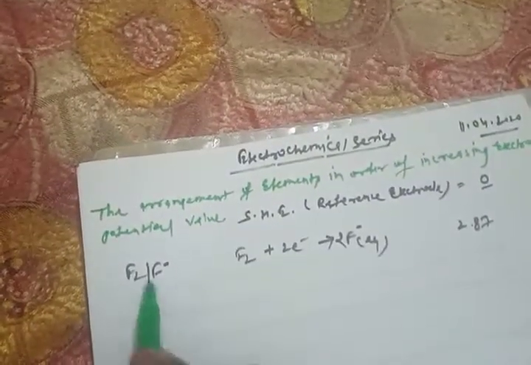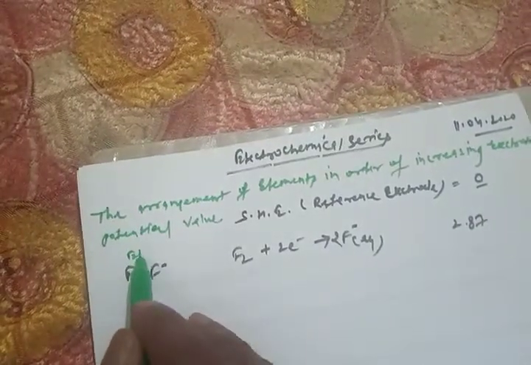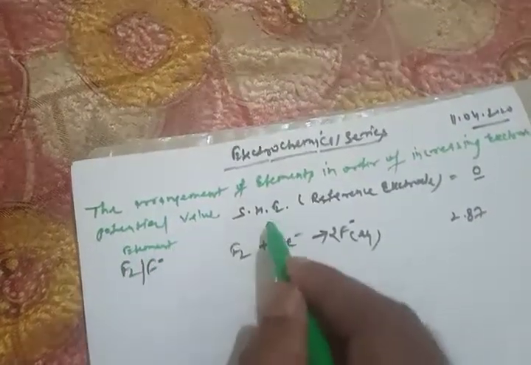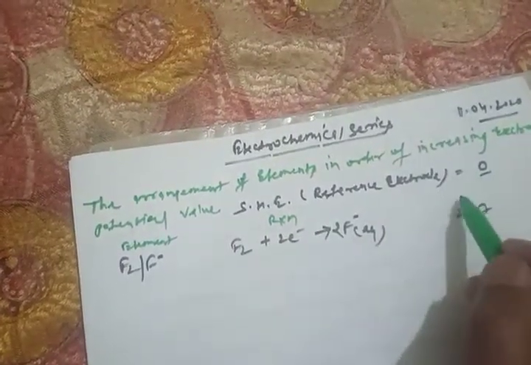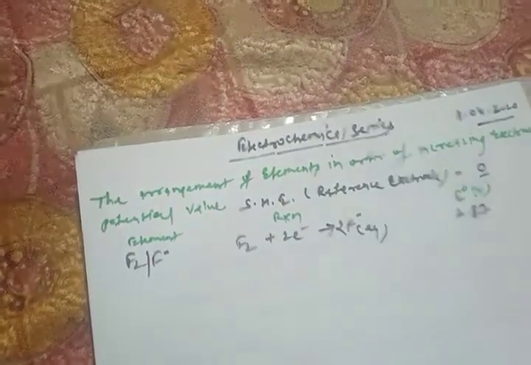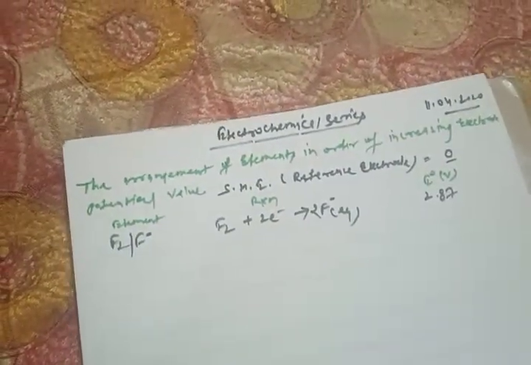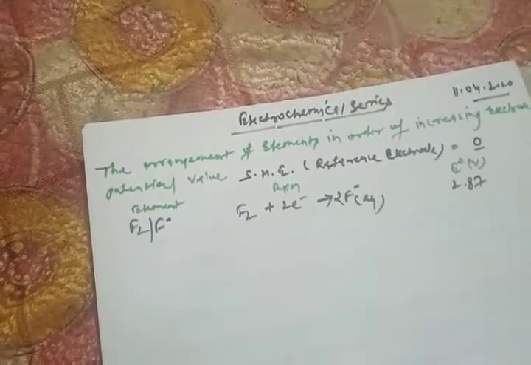These are the elements, these are the redox reactions, and this is the E naught value. E naught indicates the standard value. So 2.87.